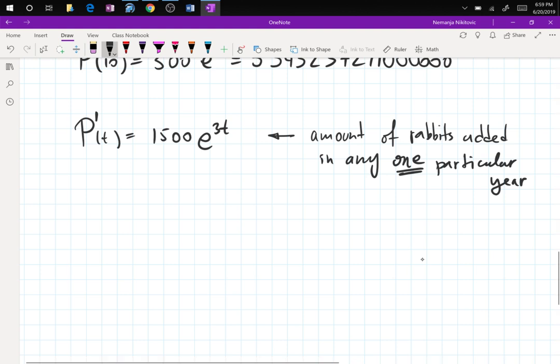So you can calculate, because it calculates the change, and it can calculate the change at the point, so in 2 years, you would have P prime of 2, and that will tell you we added this many new rabbits in that 1 year. So that's what it calculates.